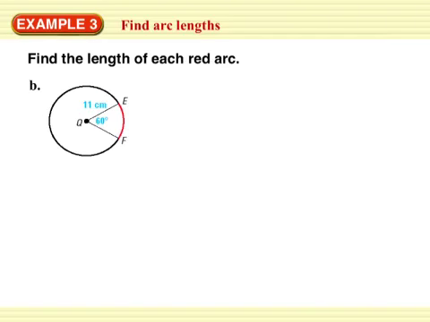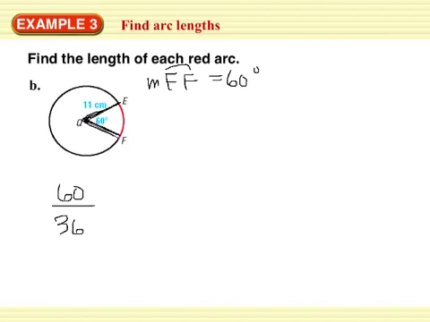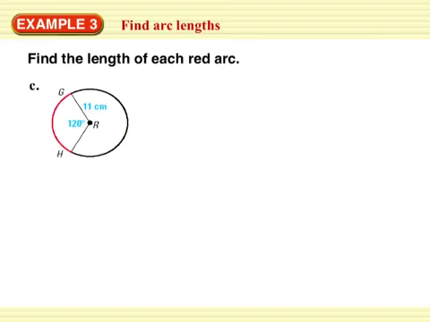Try the next one. Same type of problem. This is a central angle. So if angle Q is 60 degrees, then the measurement of EF is also 60 degrees. So we're going to do 60 over 360 times 2 times pi times 11.5 centimeters.